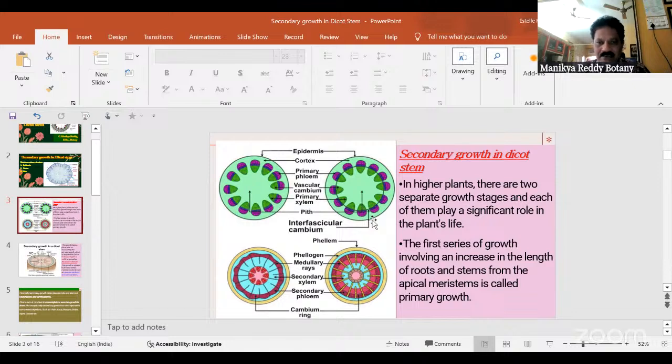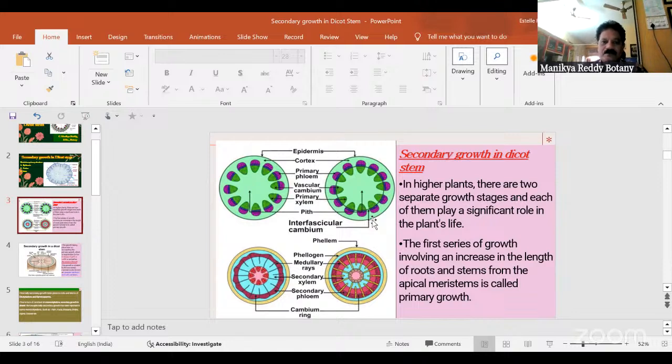Because of intrastellar secondary growth, the size of the stele increases. The increased size of the stele ruptures the epidermis. When the epidermis is damaged, new secondary protecting layers are formed in its place. Along with the epidermis, some of the cortical cells may also be damaged.